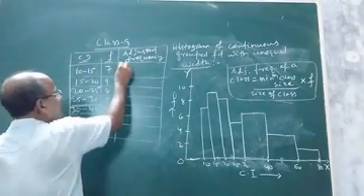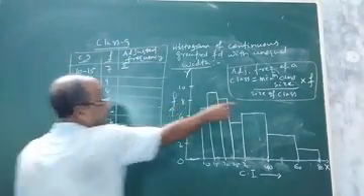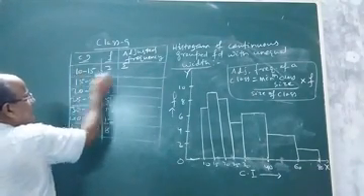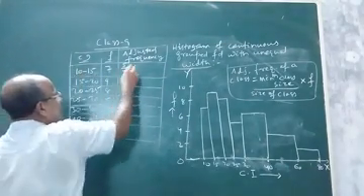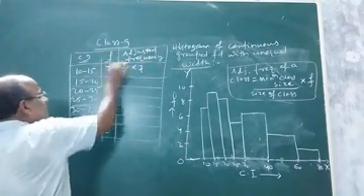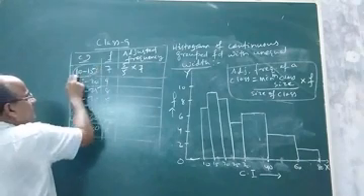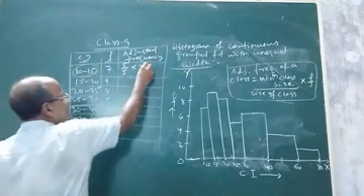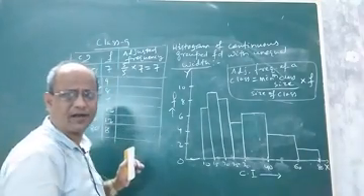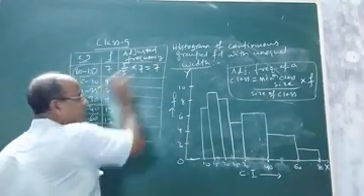So the minimum class size 5 divided by size of class. What is the size of this class? 15 minus 10, it is 5, into frequency 7. So 5 by 5 into 7. So the adjusted frequency of the first class interval, 10 to 15, will be equal to 7.